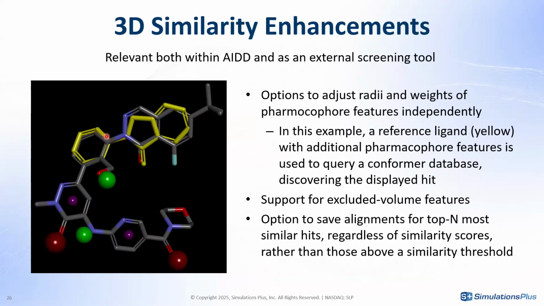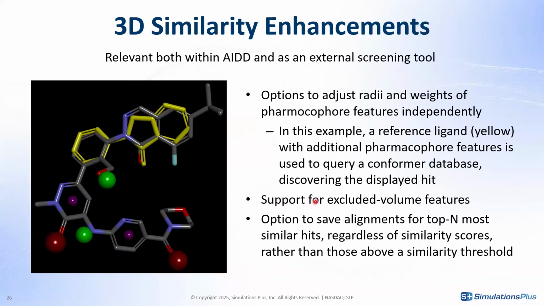It's the yellow ligand, but in addition to that, some pharmacophore points. I know we've talked about this, I think, in the last couple of releases. So now you can vary some properties of these pharmacophore features independently. This other ligand is one that was found by using the reference structure in a search against a large 3D conformer database.